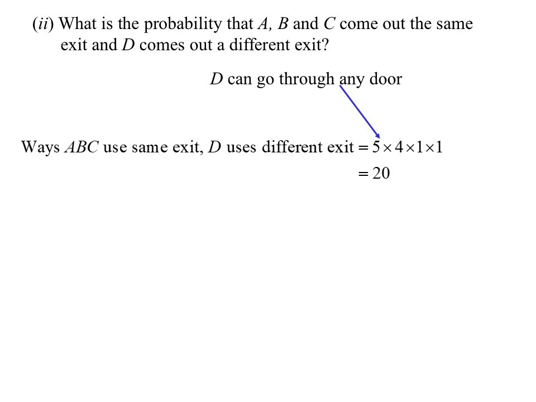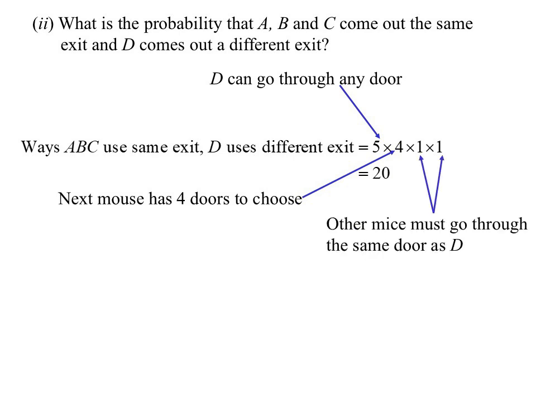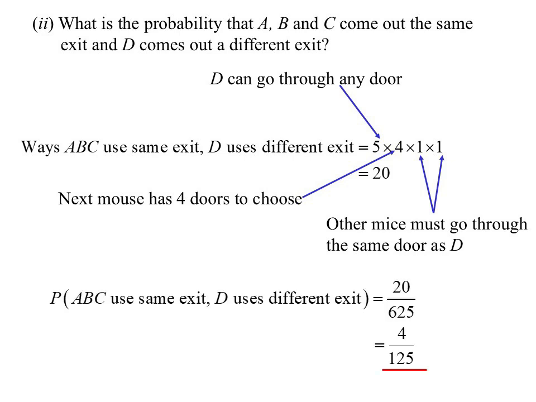Now the next mouse, let's say it's A, has got 4 doors to choose from. It has to go through a different one. But then B and C have to go through the same door as A there. So there are 20 different ways they could go out in that situation. 20 over 625, 4 in 125.